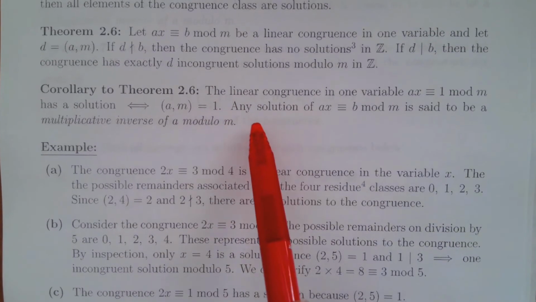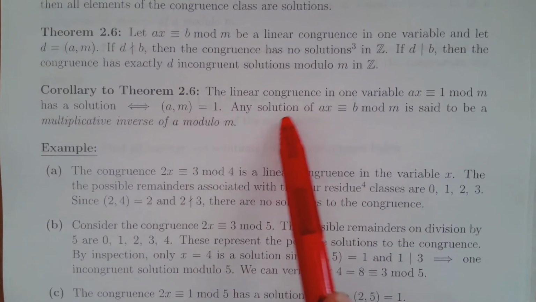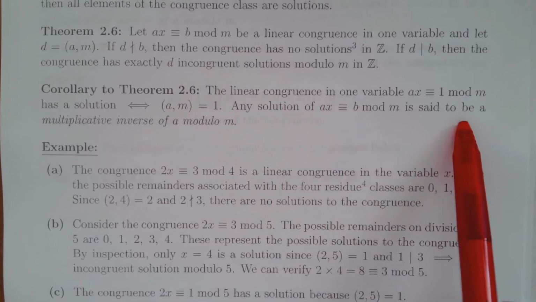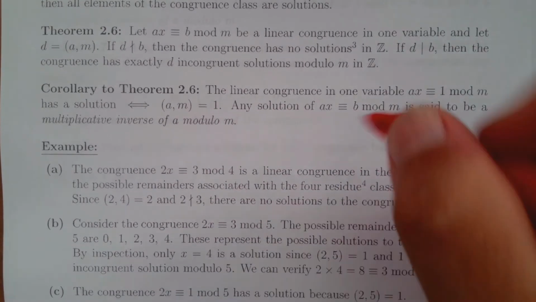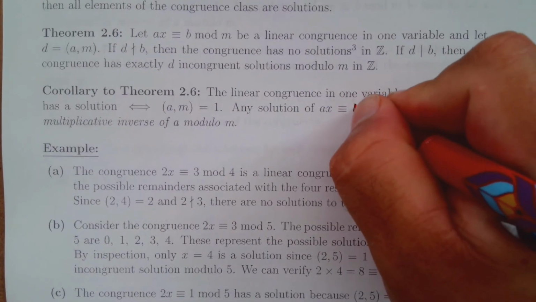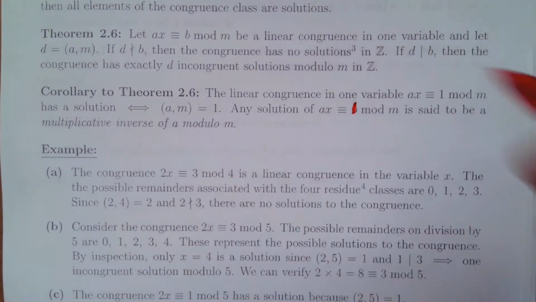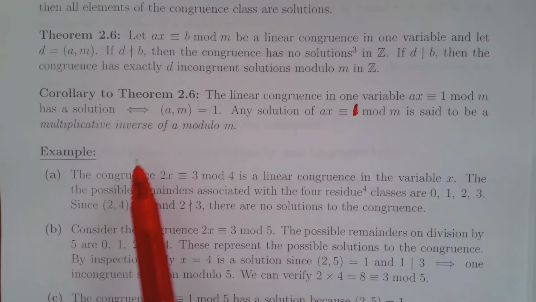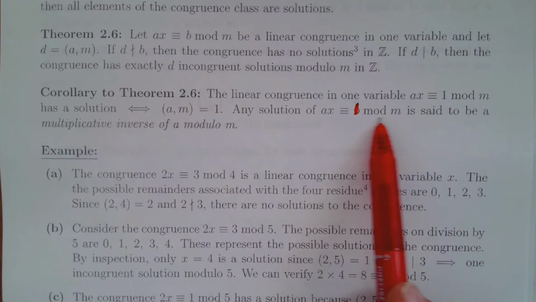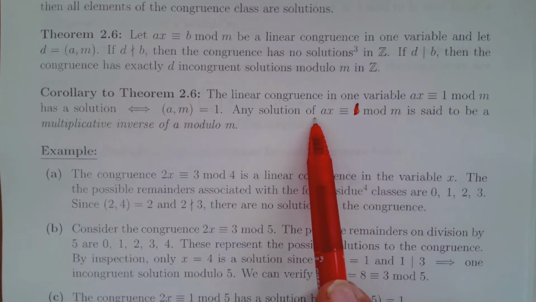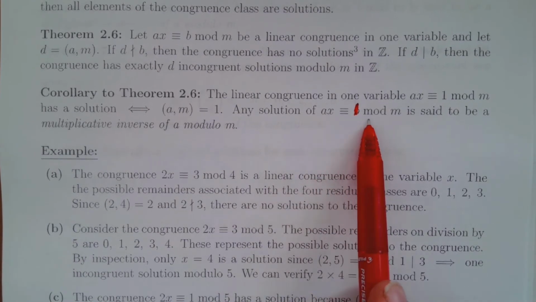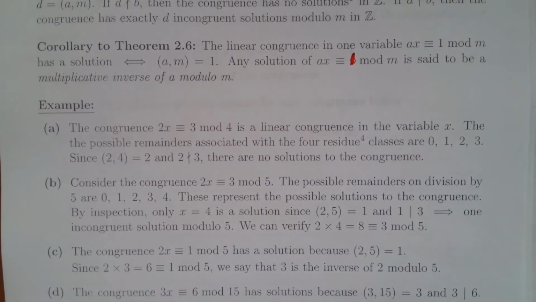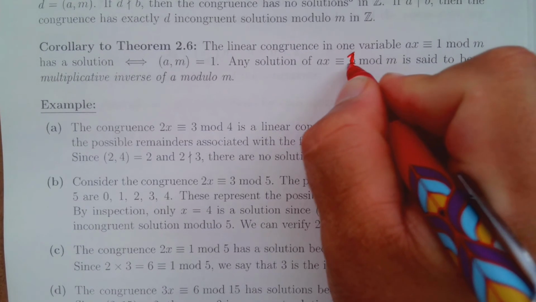Now, any solution of ax congruent to 1 mod m is said to be the multiplicative inverse, because that's how we define our inverse. It's the solution to ax is congruent to 1 mod m.